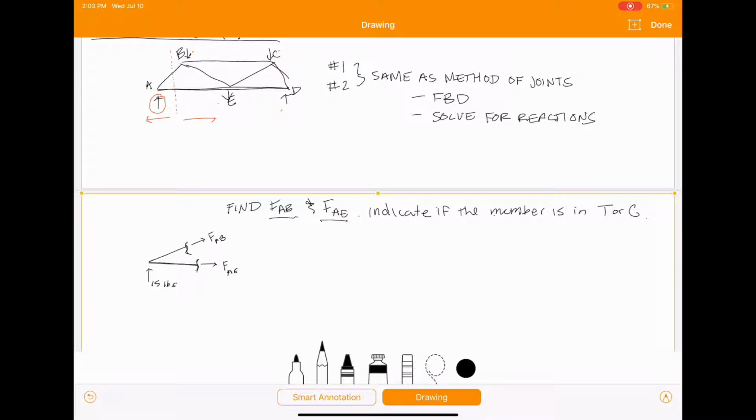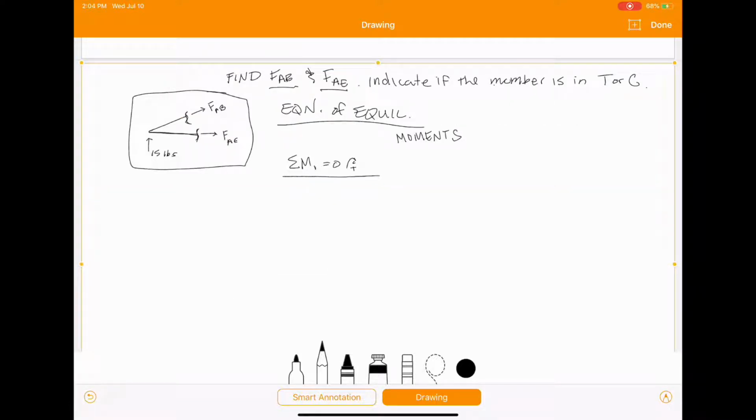Now, when you're doing method of sections, when you look at this, now you have a free body diagram. Now you're going to do equations of equilibrium. Except now, instead of having a particle, you have a rigid body. So you're going to have to include moments.